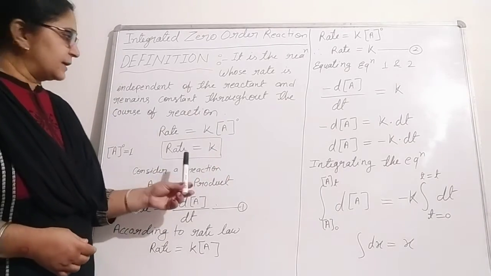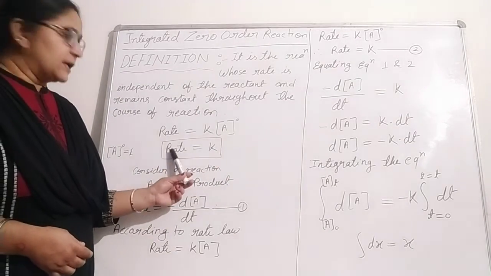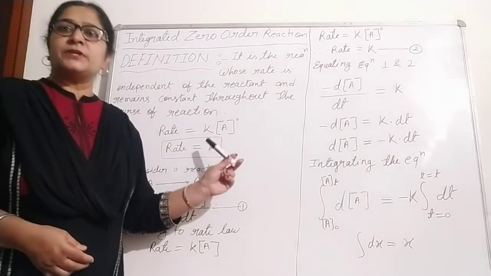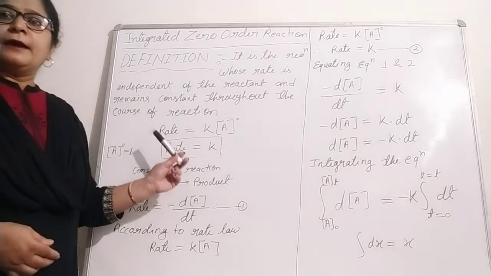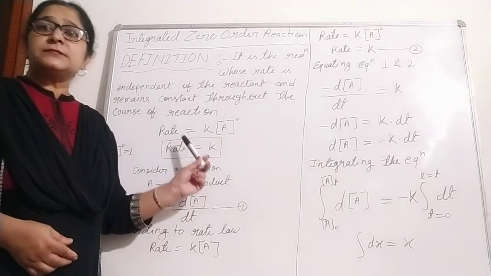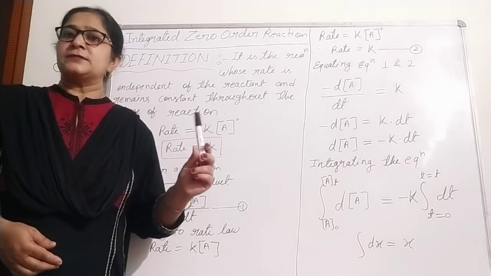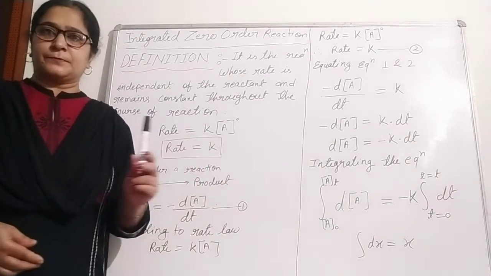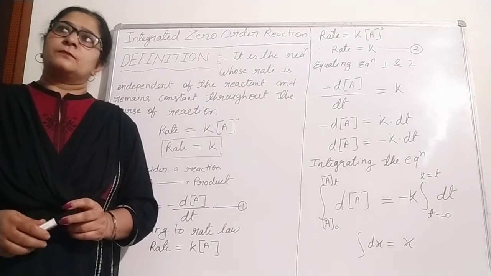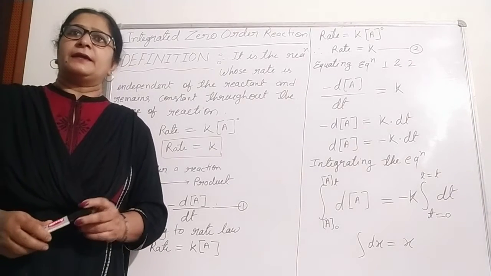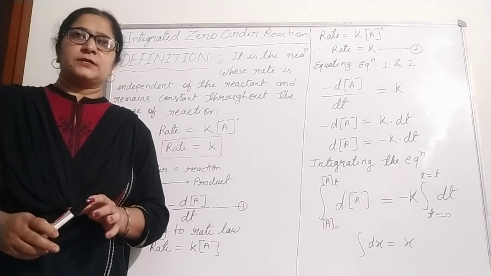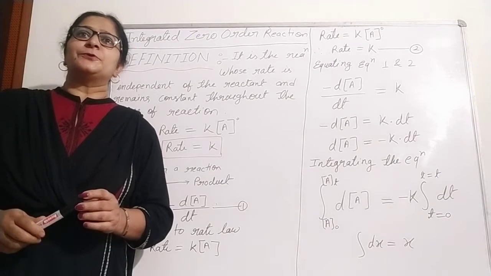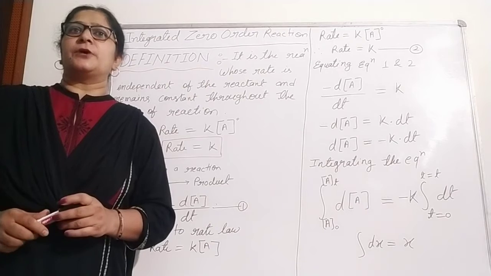So I could write the equation as rate is equal to K. This is our final equation. So we see the rate of reaction in this case is dependent on the rate constant only, and not dependent on the concentration of reactants. I hope you got to know what a zero order reaction is.